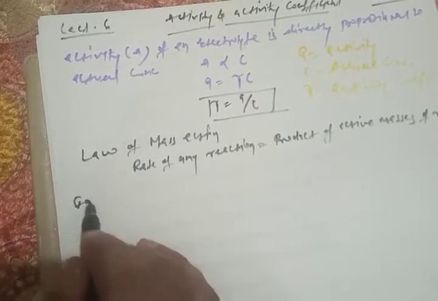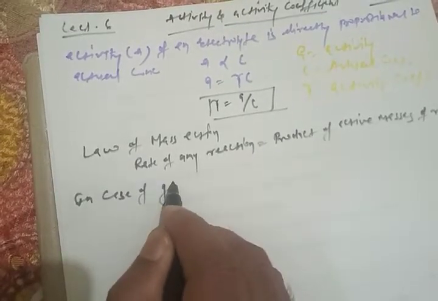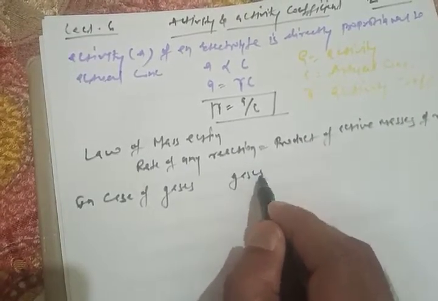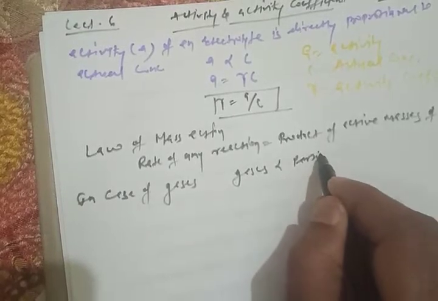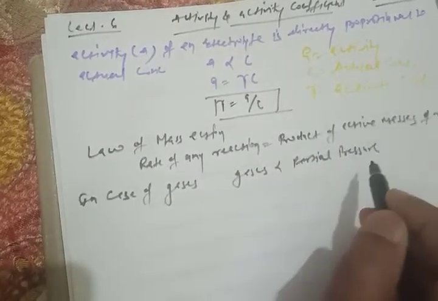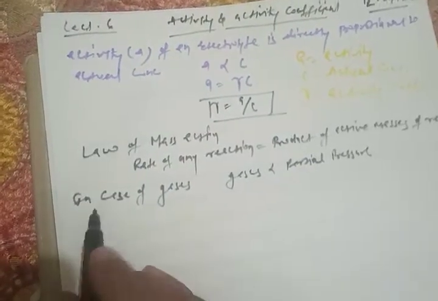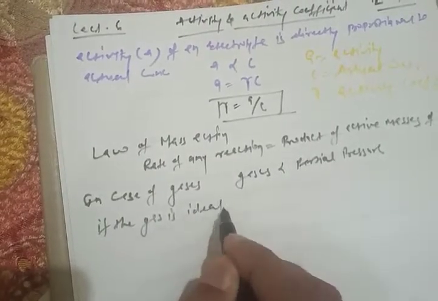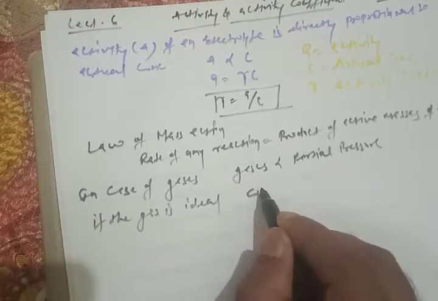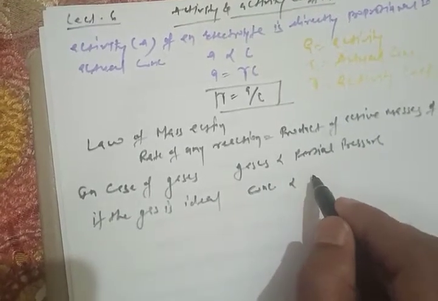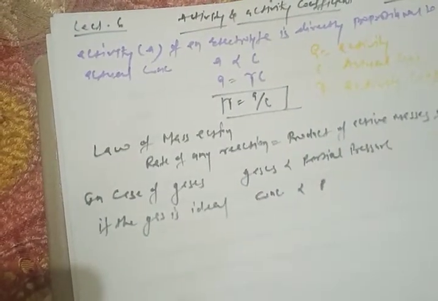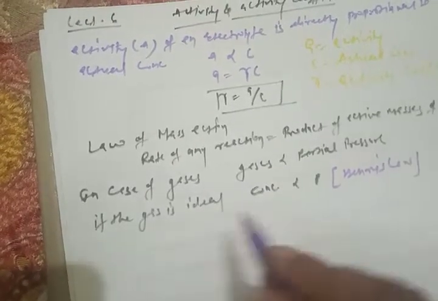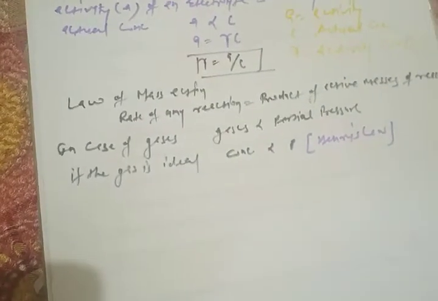In case of gases, the rate is directly proportional to partial pressure. And if the gas is ideal, then the concentration is directly proportional to the pressure. This is according to Henry's law. You all remember that for ideal gases, concentration is directly proportional to pressure.